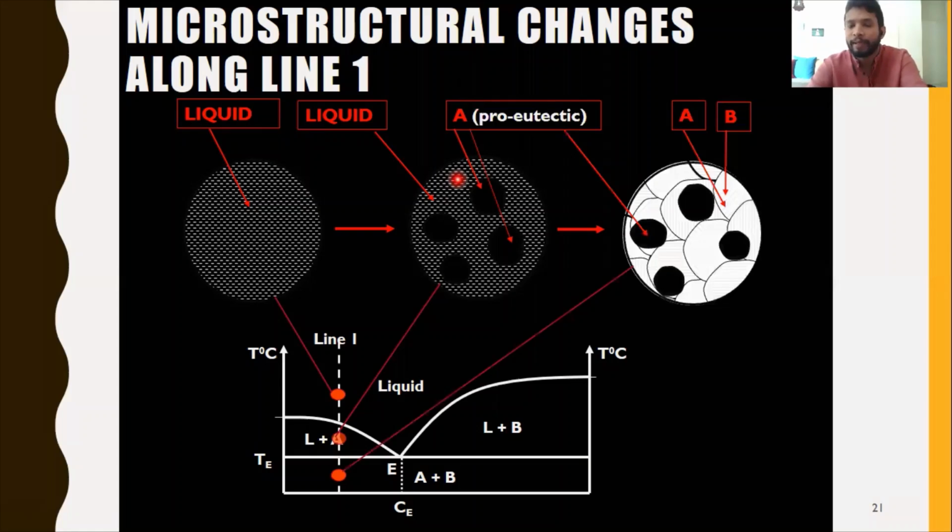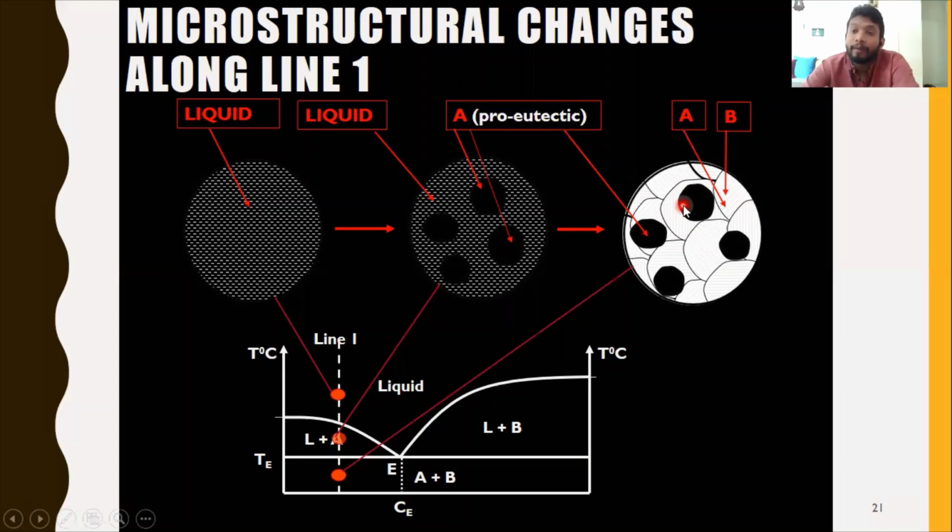Now the pro-eutectic A will be there, and the liquid becomes the eutectic crystal structure I mentioned earlier, the lamellar structure. Here you can see in the grains there are lines again, right? These are the A and B lamellar structure, but the A that occurred earlier is still there.